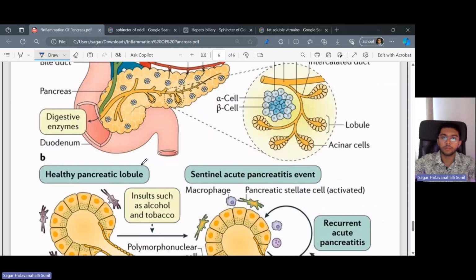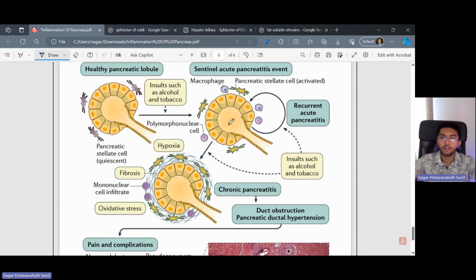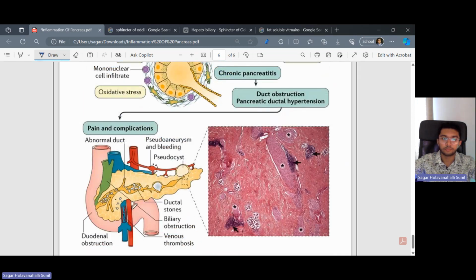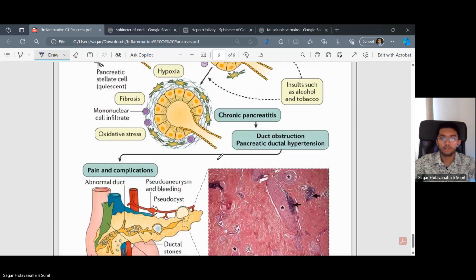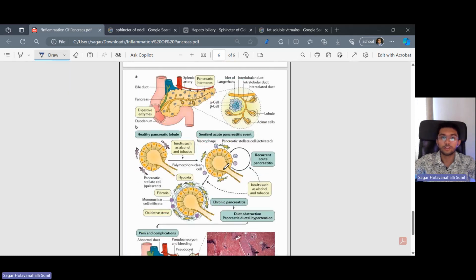Here there's some more information about an acute pancreatitis event. The acini are pretty much like this, but with chronic pancreatitis, more fibrosis occurs. There'll be dilatation of these ducts, possible biliary obstruction, and there can also be venous thrombosis, which can also cause DIC. That's about it.